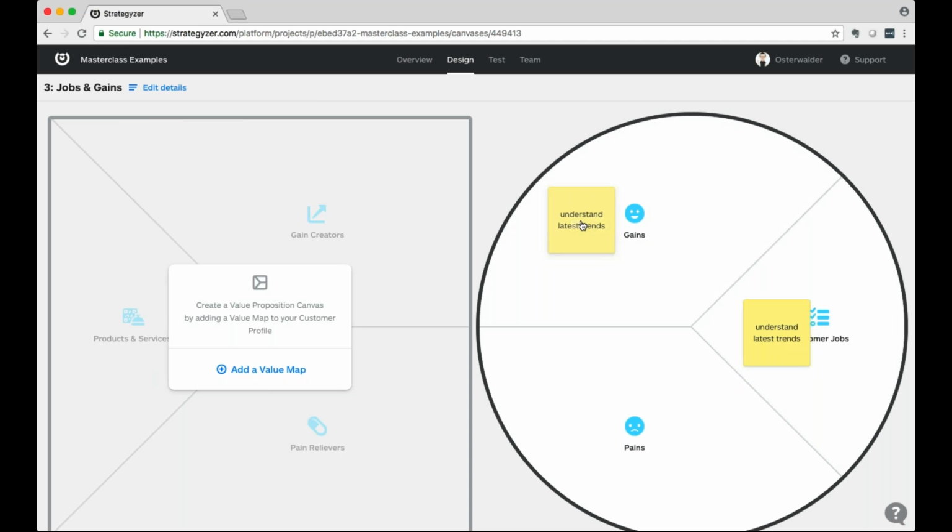Okay, well, good. Then the gain is I understand the latest trends. Is that really the case? Well, that's not good enough. That's not deep enough. So you could hear very well put, one of the jobs to be done of your customers is to understand the latest trends. But in the gains, you'd have to be a lot more specific.